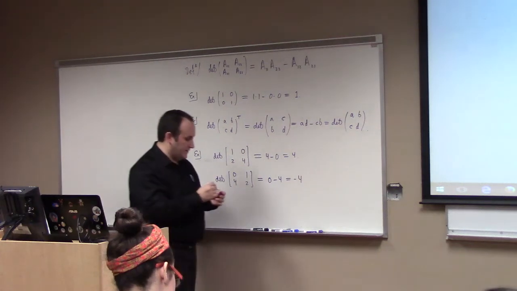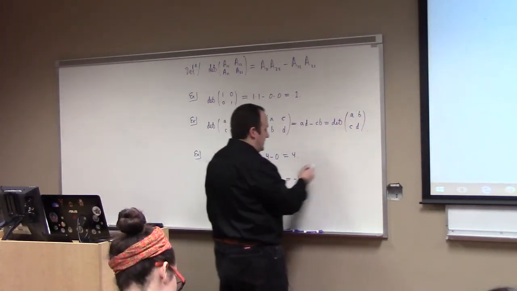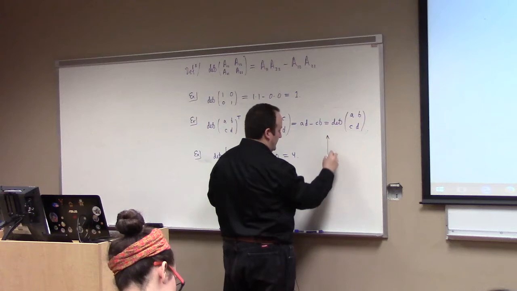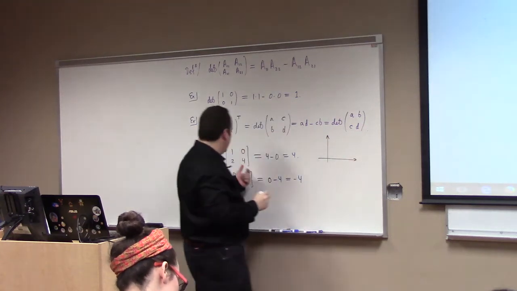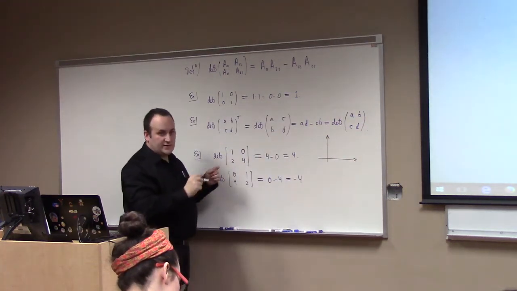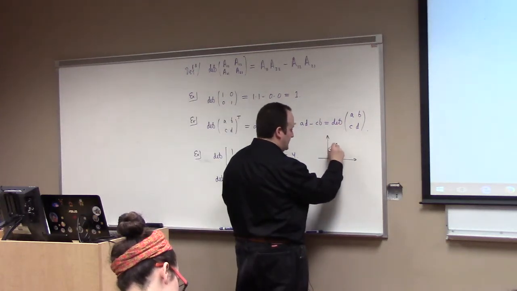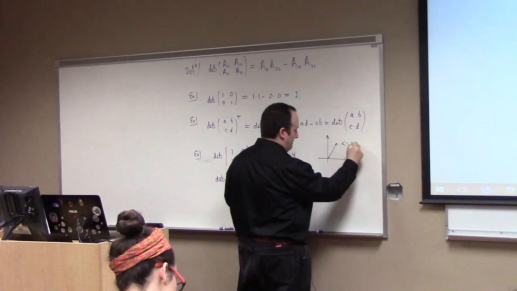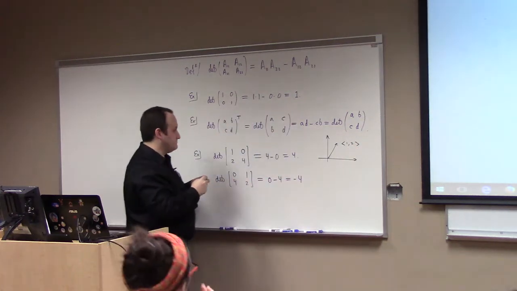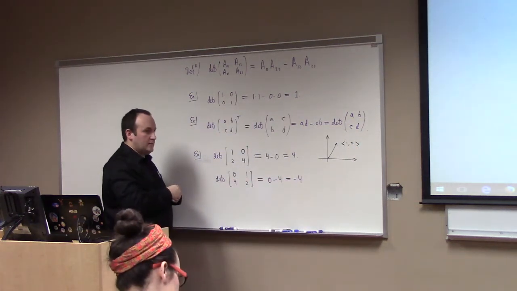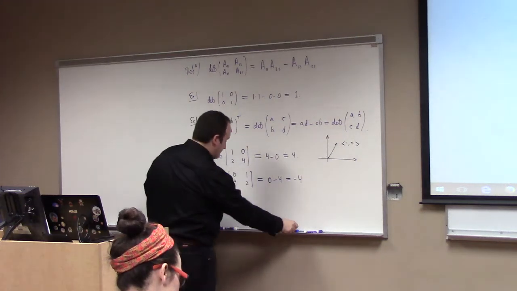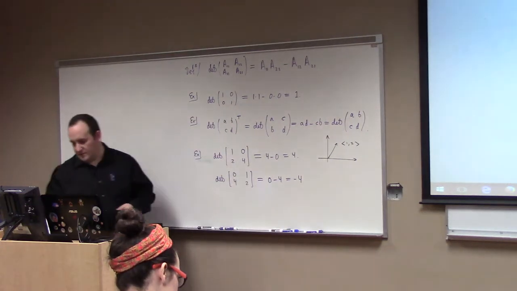If we draw a graph here, we can perhaps gain some insight as to what's going on. I mean, the vector 1, 2, what's it look like? It goes over 1, up 2, right? So this is the 1, 2 vector. Where's the 0, 4 vector? What's that look like?